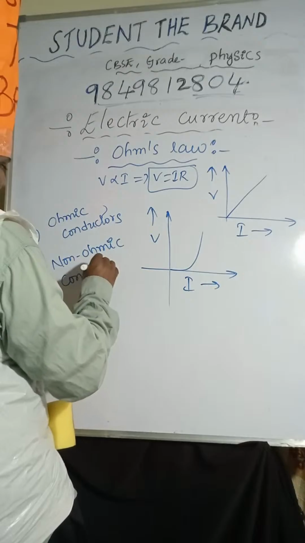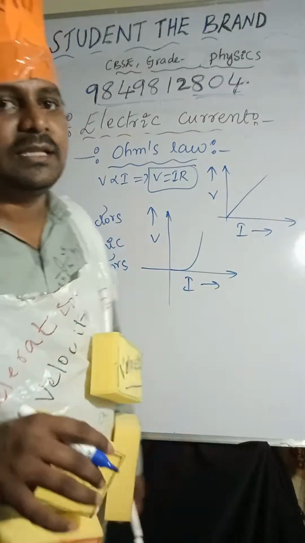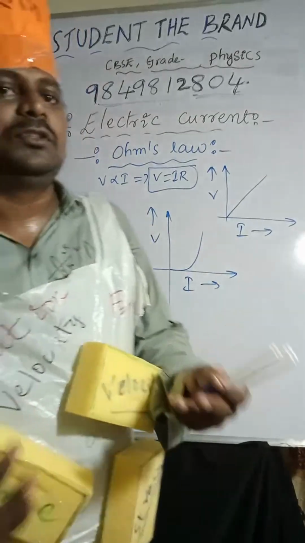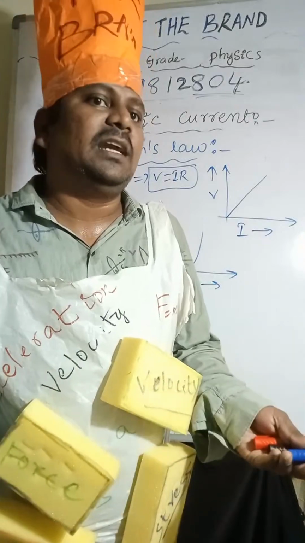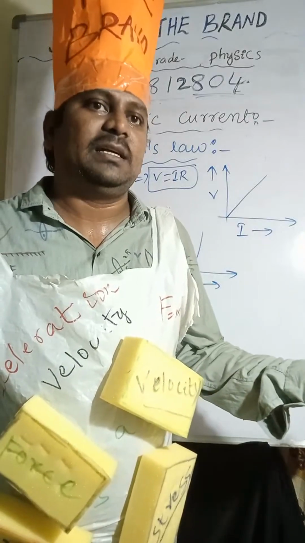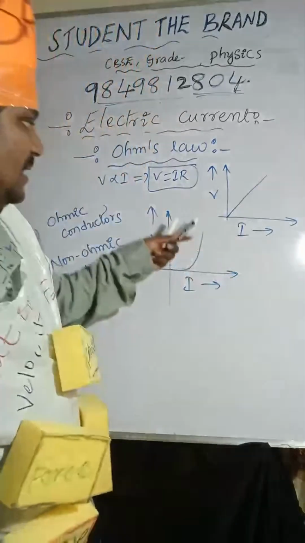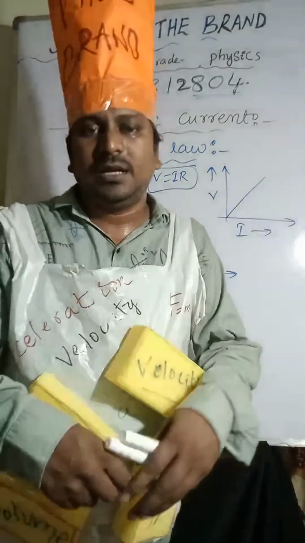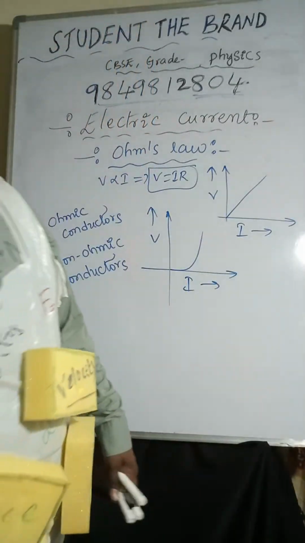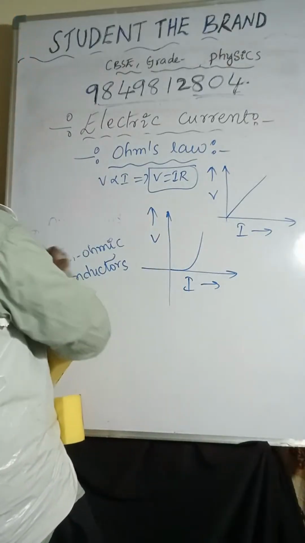The conductors which do not obey Ohm's law are called non-ohmic conductors. For ohmic conductors, the graph is linear. For non-ohmic conductors, the graph is curved. So this is about Ohm's law. Next one, electromotive force. We'll discuss electromotive force.